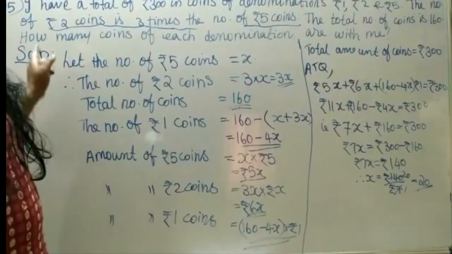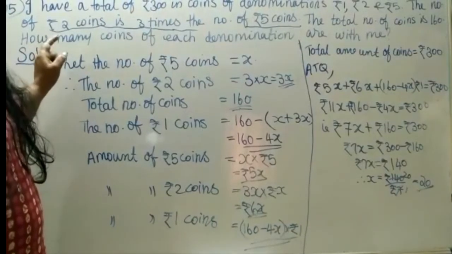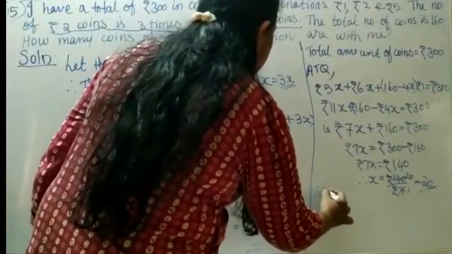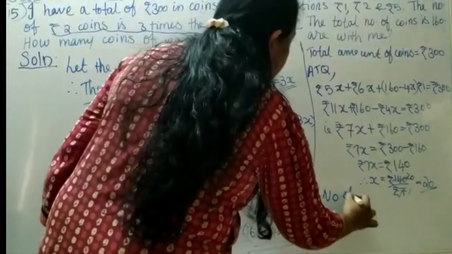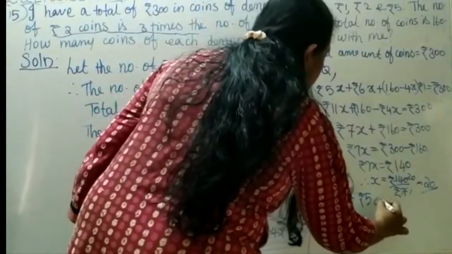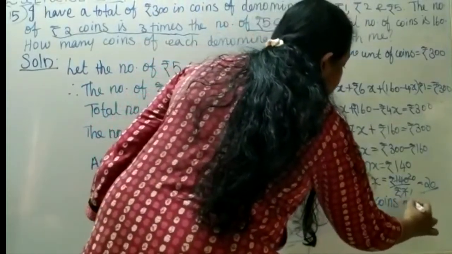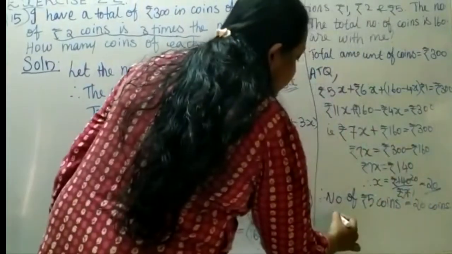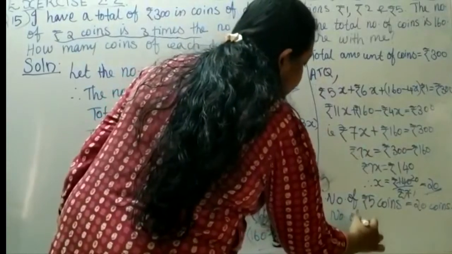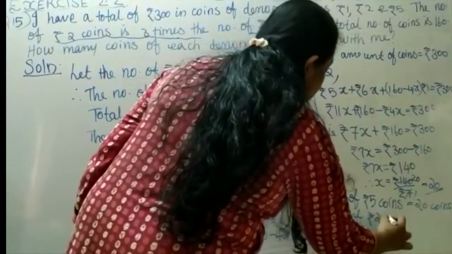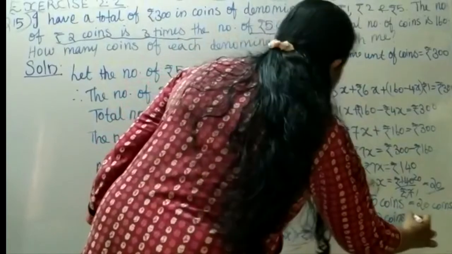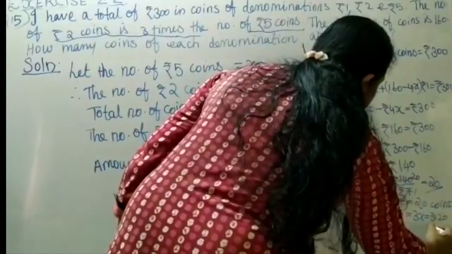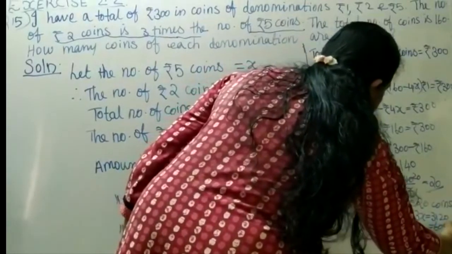Here we have to find the number of each denomination. Therefore, the number of rupees 5 coins equals 20. Similarly, the number of rupees 2 coins equals 3x, 3 into 20 equals 60 coins.